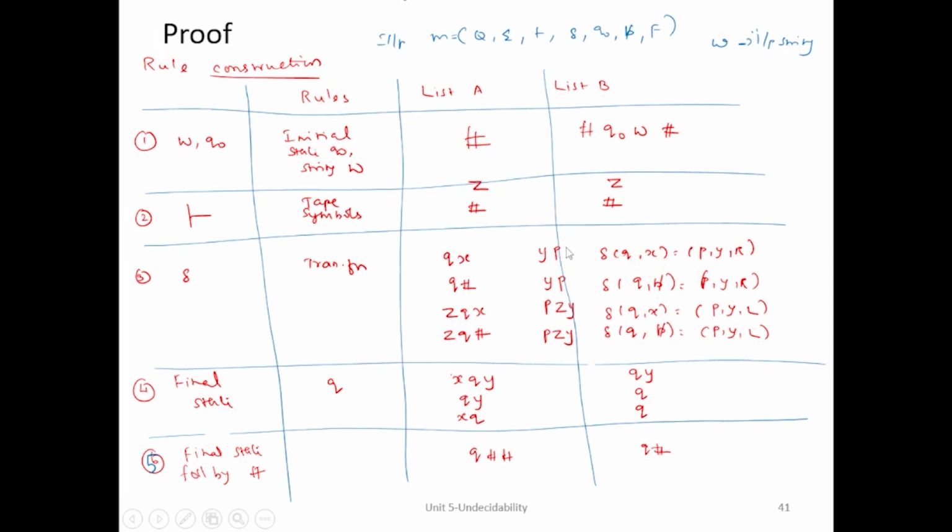And going to the right direction means the opposite value, yp. If it is blank space, q hash, we write yp. So either the symbol x or hash for right direction, we write the same as yp.